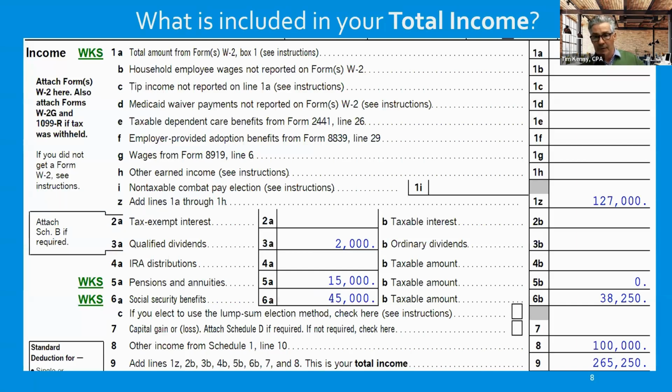Now, looking a little further down on page 1 of the 1040, we see that there's a separate line for W-2 income. This would be active income. Then moving on down to lines 2 and 3, this would be income from investments.